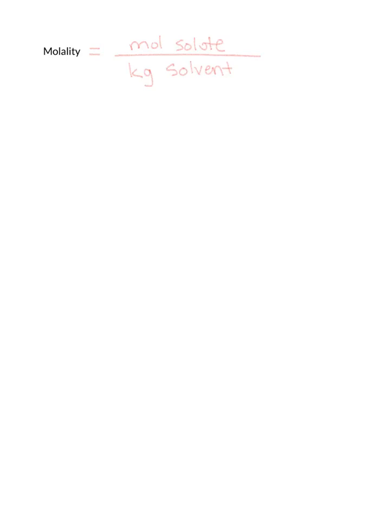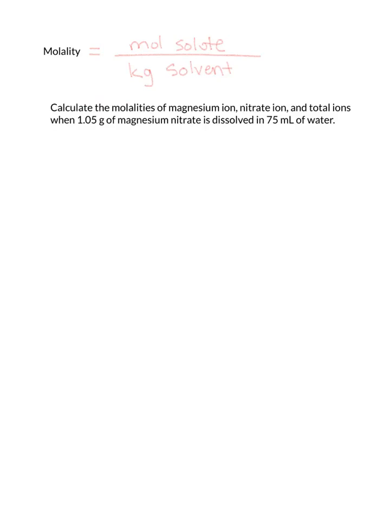So let's try a simple molality problem with the aqueous solution we worked with before. Remember a couple of slides back, we had a problem where we dissolved 1.05 grams of magnesium nitrate in 75 mL of water, right? So again, we make very sure that we remember that this is a solute and this is a solvent. And then we wanted the molalities of magnesium ion, nitrate ion, and total ions.